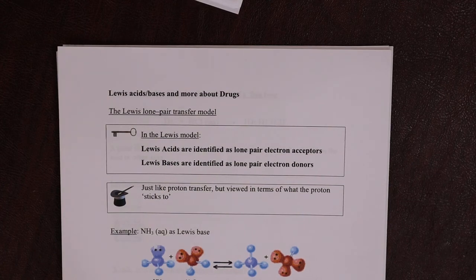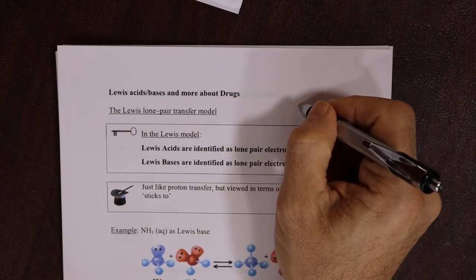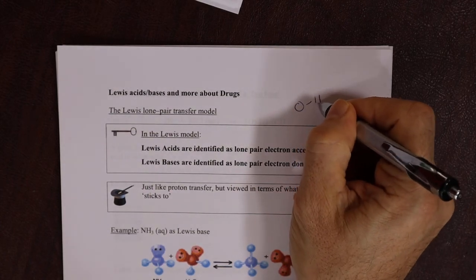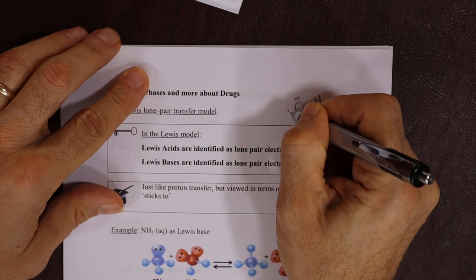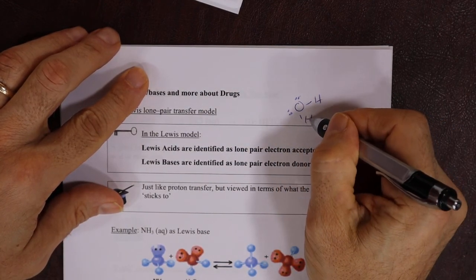Then we had Bronsted-Lowry. Bronsted-Lowry acids are proton donors and bases are proton acceptors. That's the proton transfer model. But think about the glass half empty, glass half full thing. If I'm thinking about something simple like water, we can go with an actual Lewis structure.